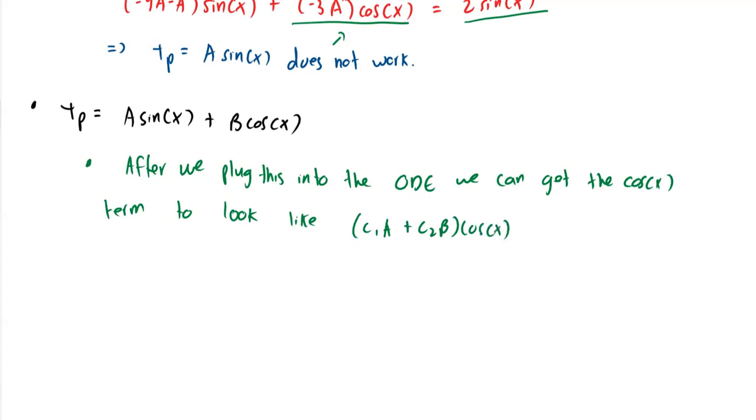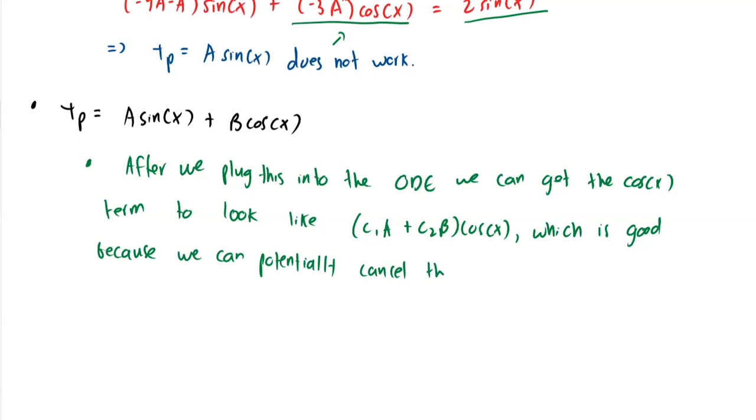And again, this is good because that means we can potentially cancel the cosine term without having A and B equal to 0.